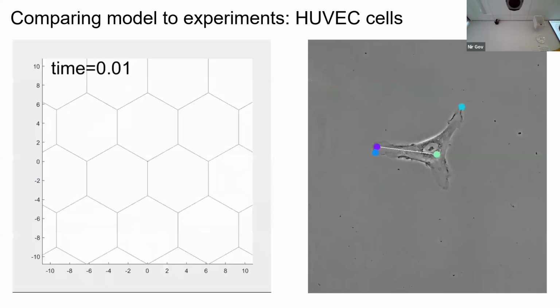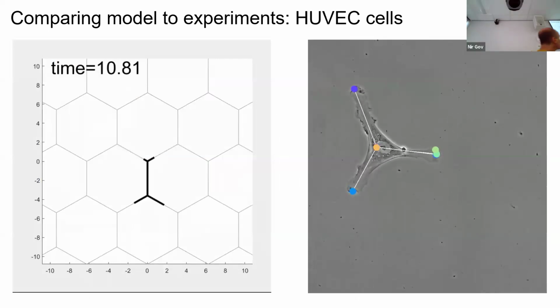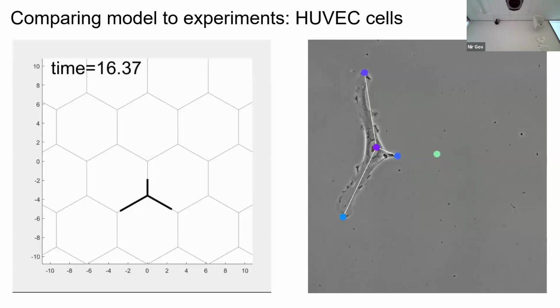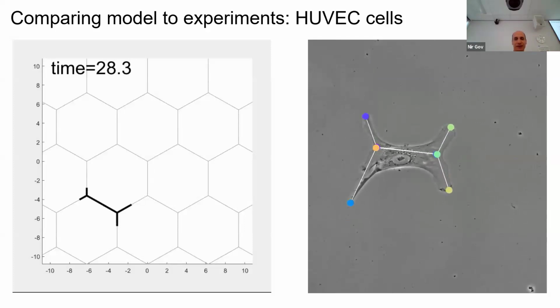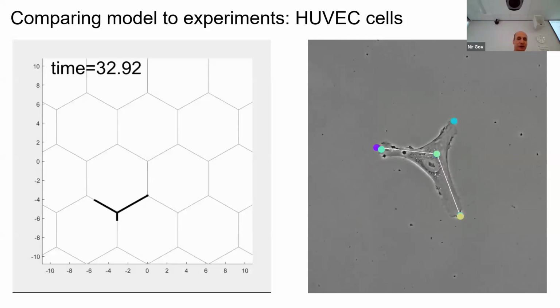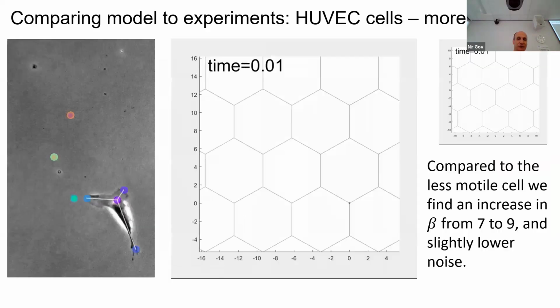try to do this more quantitatively. This is what I showed you previously. Now, of course, you see that the algorithm that picks up the tips is not perfect, but that's what we have. And that's the kind of analysis that this kind of algorithm allows us to do.